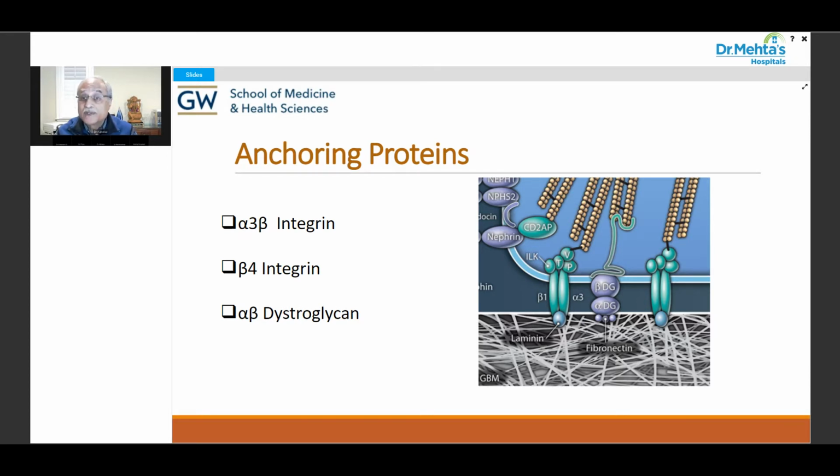These are the anchoring proteins, and anything going wrong or mutations here would lead to an inability to keep podocytes in their place, and these cells would basically fly off and die.